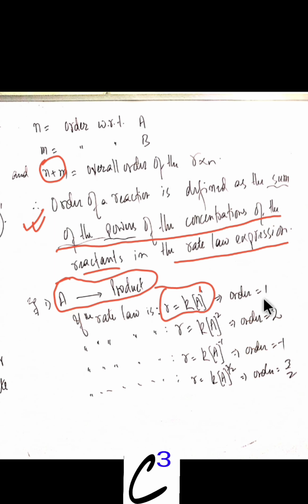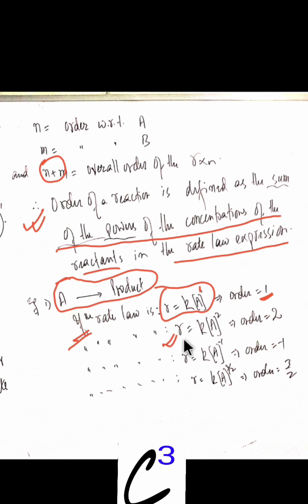The order of the reaction will be equal to 1. And if the rate law, which is from experiment actually, and I am using the word if, is R equal to k[A] to the power 2, then the order of the reaction will be equal to 2.